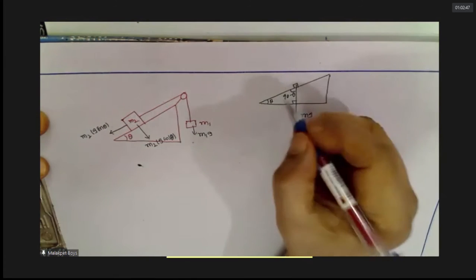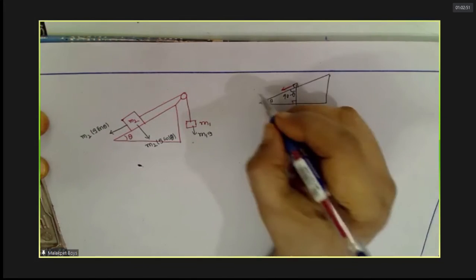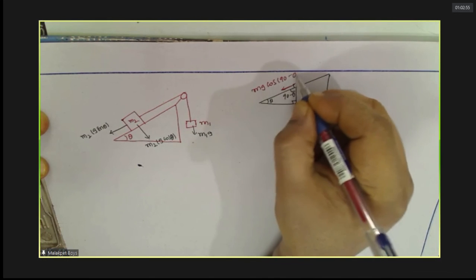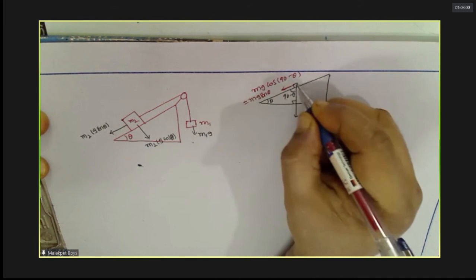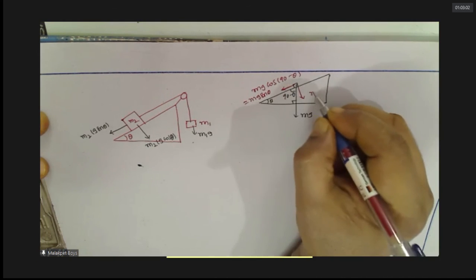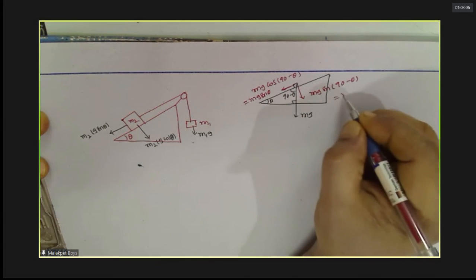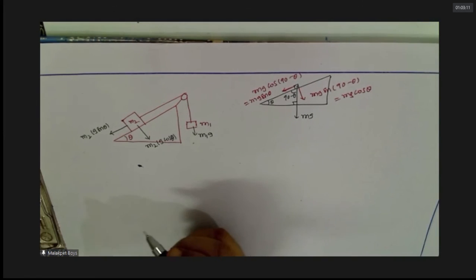Now down the plane, this is mg cos(90 minus theta), that is only mg sin theta. Perpendicular to that, you have mg sin(90 minus theta), what is this? mg cos theta. Understood this?